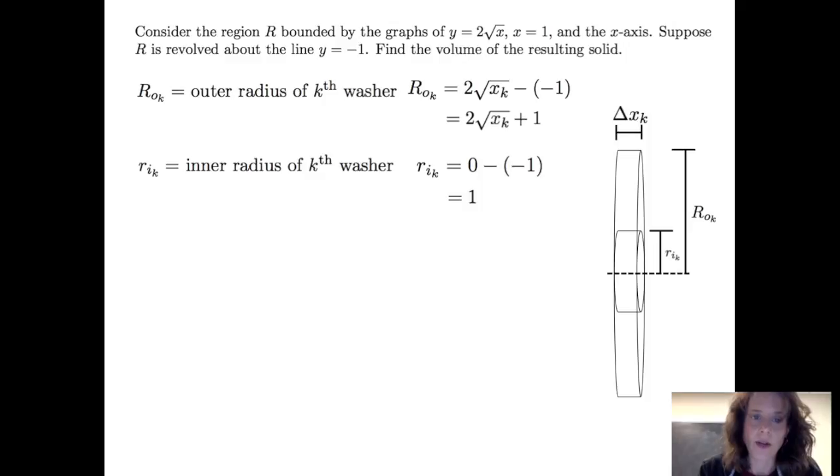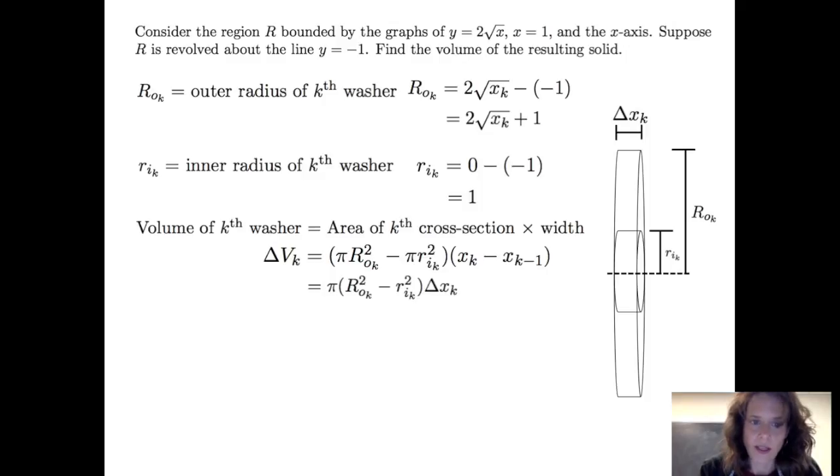I've got that the outer radius of the kth washer is 2 times the square root of x sub k plus 1. The inner radius is 1. So when I calculate the volume of the kth washer by taking the area of the kth cross-section times the width, I'm going to get pi times the outer radius squared minus the inner radius squared times the thickness of the slice, which is delta x sub k.